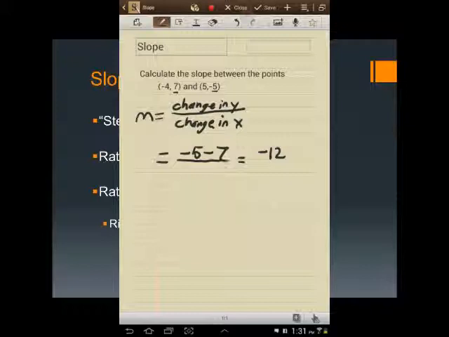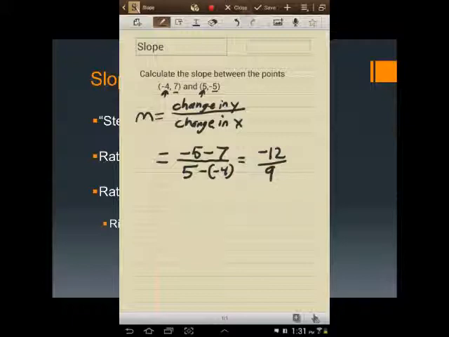Now for the x's, we start at -4, ended at 5. So if we take 5 minus -4, that's the same as 5 plus 4, which is 9.